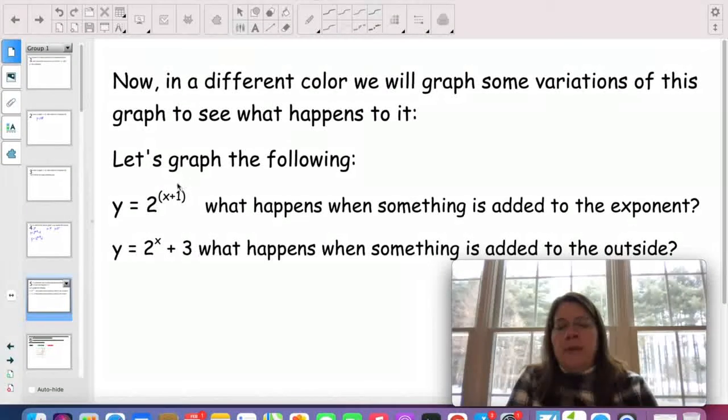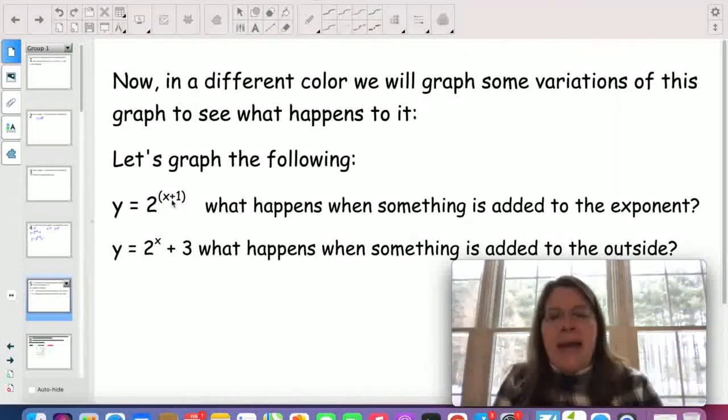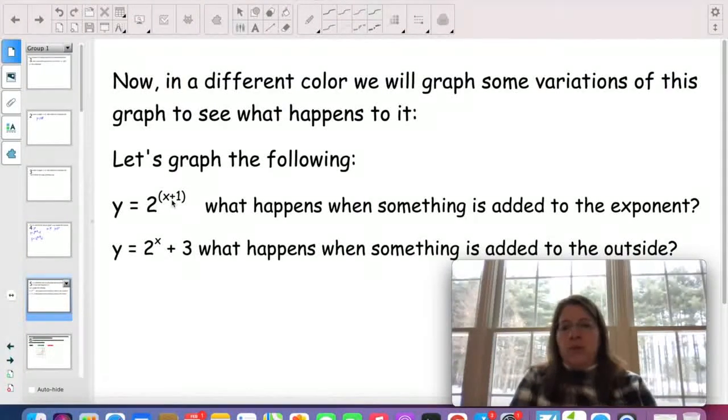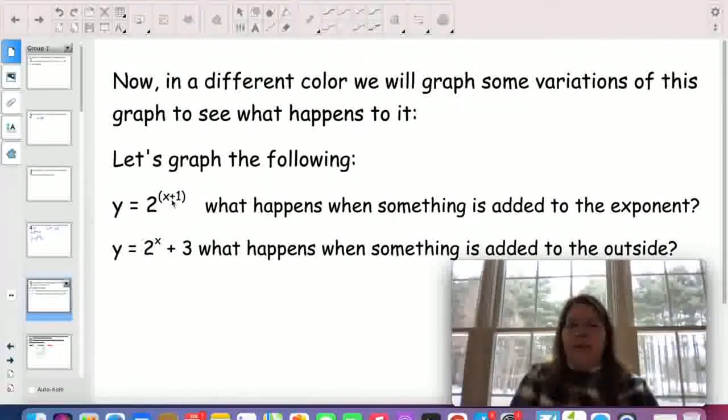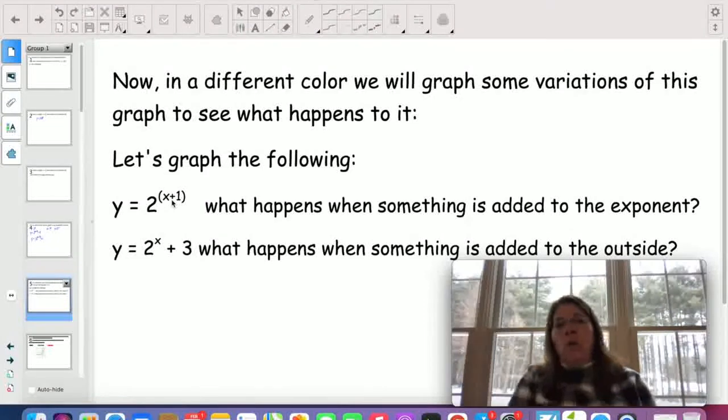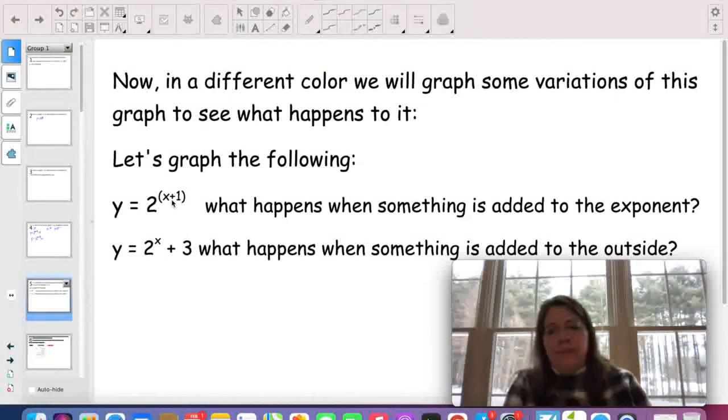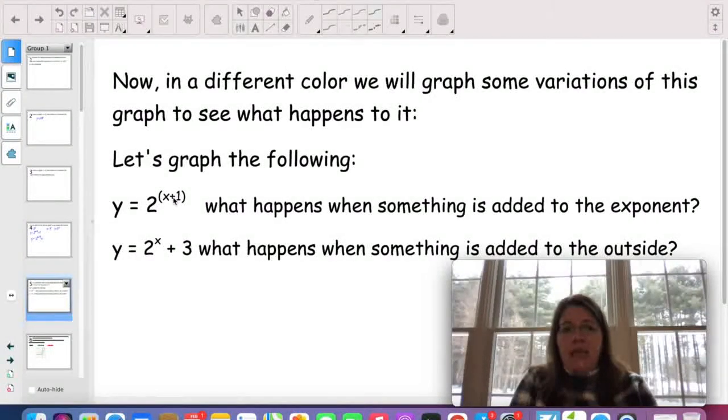It will usually be in parentheses if something is added to that exponent, and that would be considered the inside part. So if you think back to when we did quadratics, if we added or subtracted something to the inside, we said what was added or subtracted to the inside will move it right or left, the opposite of what we would think. So if it's added on the inside, it moves left. If it's subtracted on the inside, it would move right.